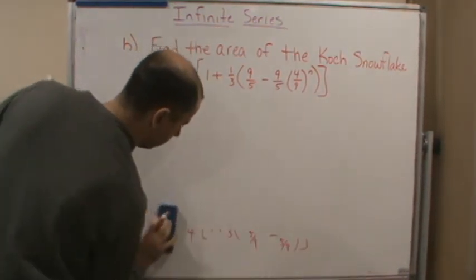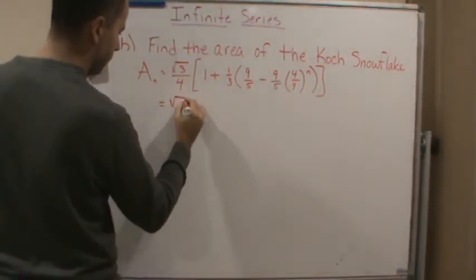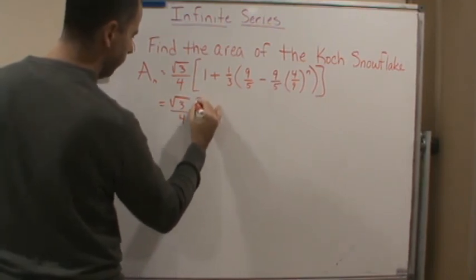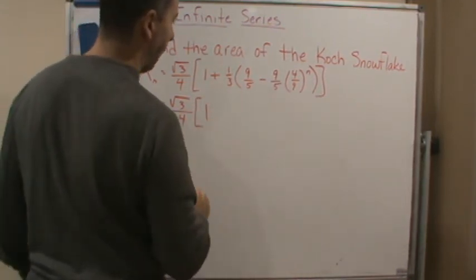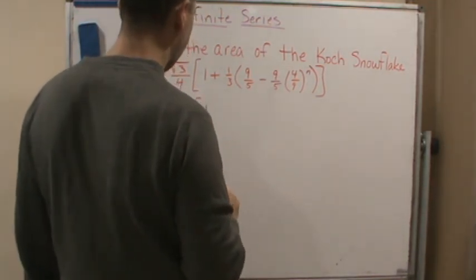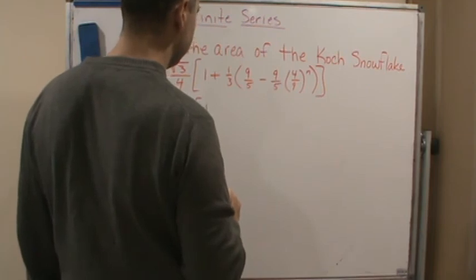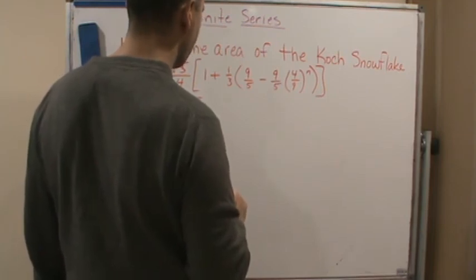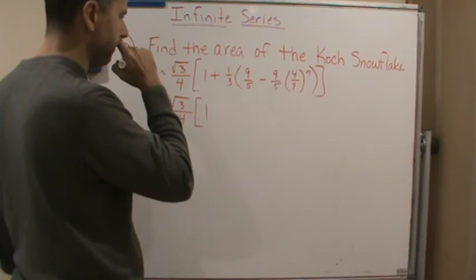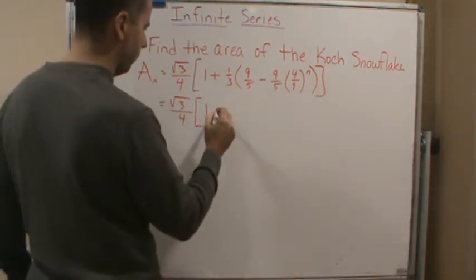Okay, we're getting there. So this is going to be the square root of 3 over 4. And then what happens here? Well, yeah, we're just going to distribute.